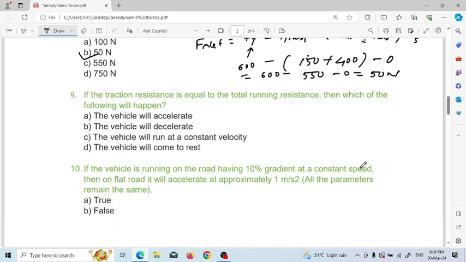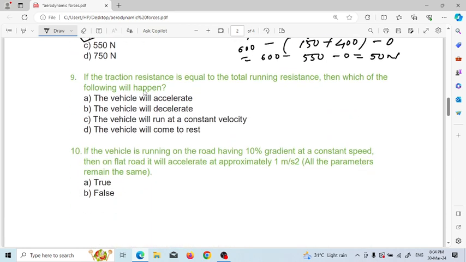Next, question number 9. If the traction resistance is equal to total running resistance, then which of the following will happen? We know F net is equal to F traction minus F running resistance. If traction resistance is equal to running resistance, then F net will be 0.